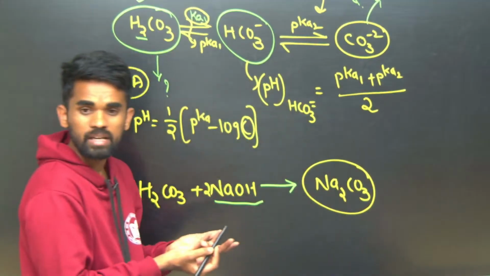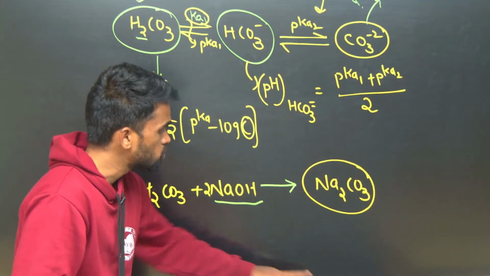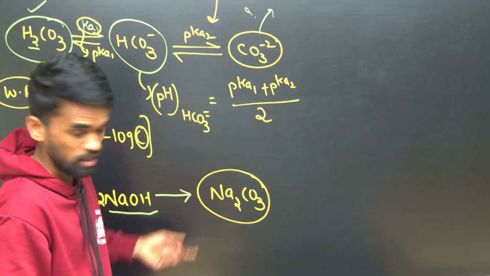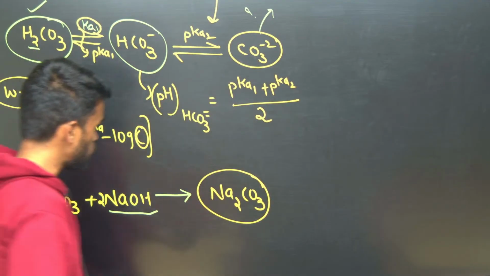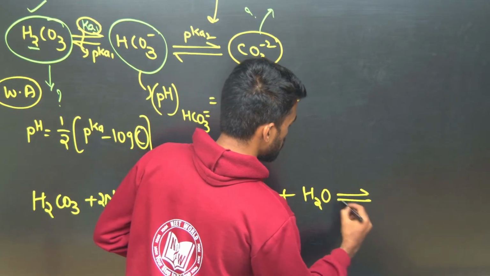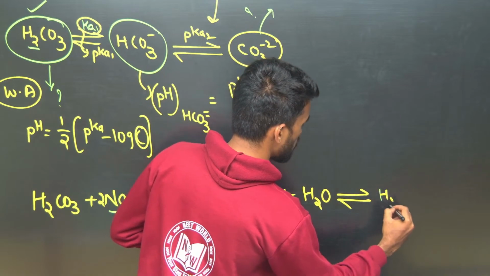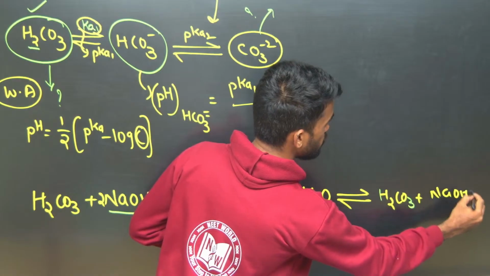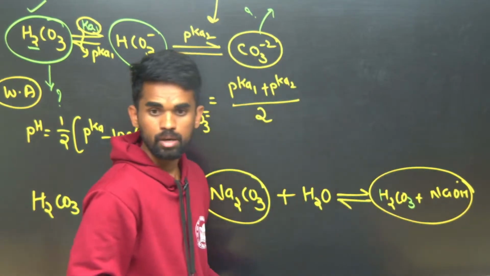Na2CO3 is nothing but a salt. If I do hydrolysis of this salt, what happens? Is it a basic salt? It will give us carbonic acid plus strong base NaOH. So the resultant solution is basic.